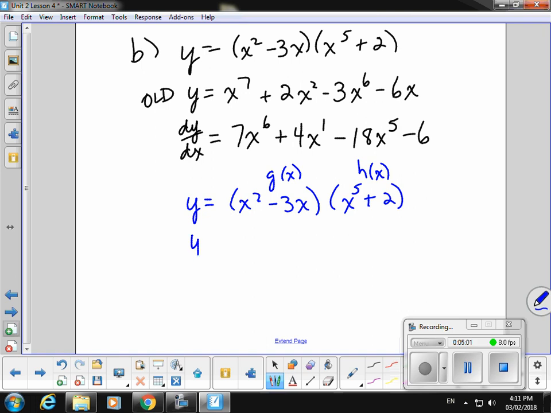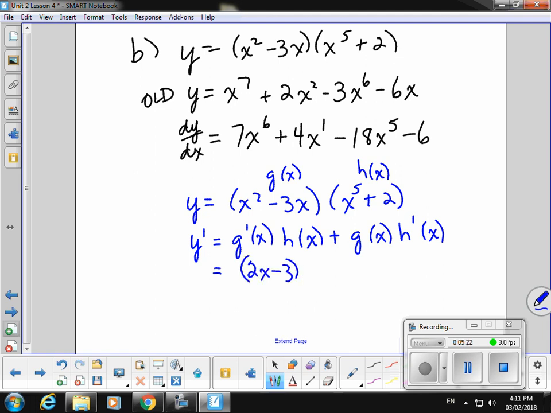And my derivative, y prime or dy/dx, would be the derivative of the first times the second plus the first times the derivative of the second. Okay. The derivative of the first, x squared minus 3x, would be 2x subtract 3, times the second exactly the way it is, x to the 5 plus 2.